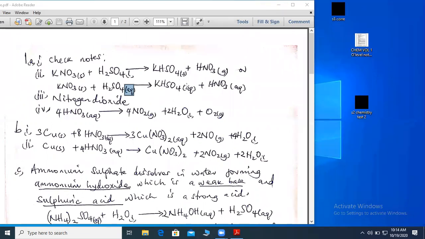Likewise, the state of nitric acid is also going to be aqueous. I think you have understood the reason why the states are like that. If there is any question, you can ask me immediately.